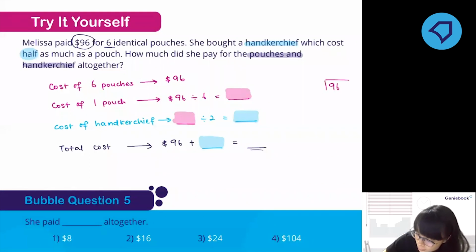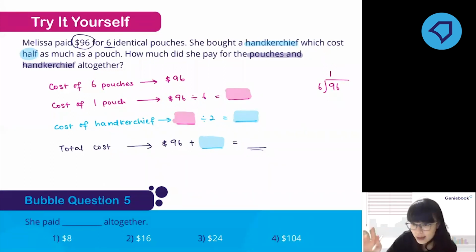96 divided by 6. So we're going to take 9 divided by 6. In 9, how many complete groups of 6 do you have? Did I give you the answer already? I did not give you the answer. 9 divided by 6 will be 1, okay?